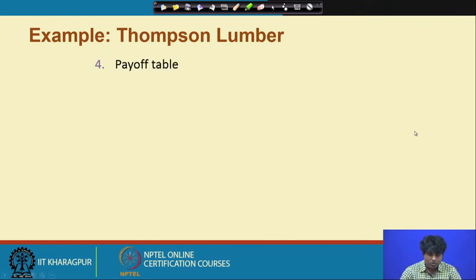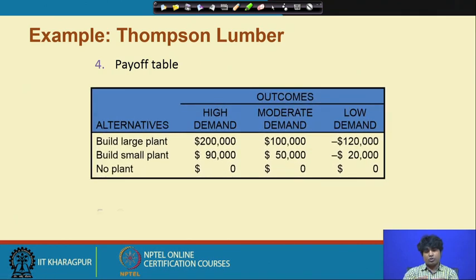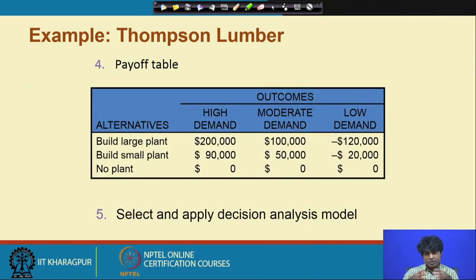Now, in order to address this issue, the next step is to prepare a payoff table, sometimes called a payoff matrix, corresponding to the outcomes and alternatives. We have different alternatives corresponding to different strategies like high demand, moderate demand and low demand. So, in this case we have alternative 1, alternative 2 and alternative 3.